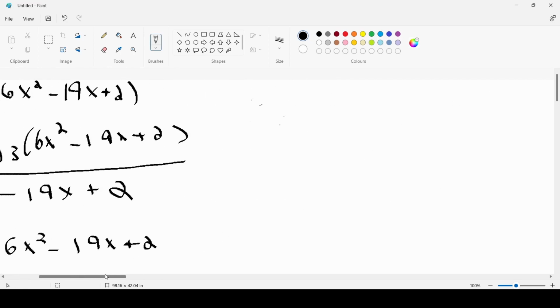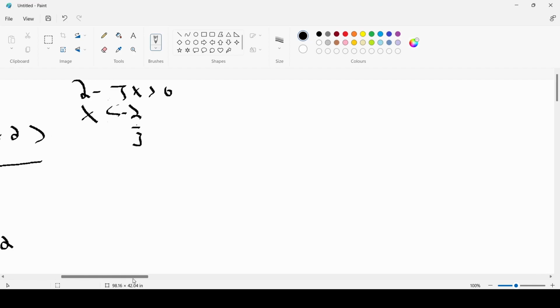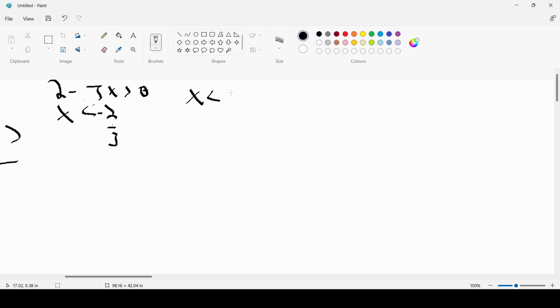Let's go up and see our restrictions that I erased by accident. One is this, where x must be less than 2 over 3, and it has to be greater than (19 minus root 313) over 12.